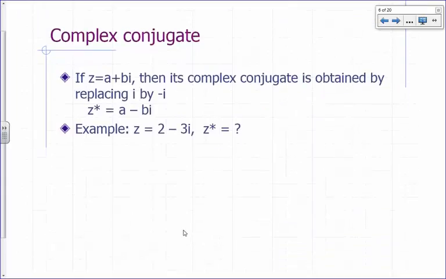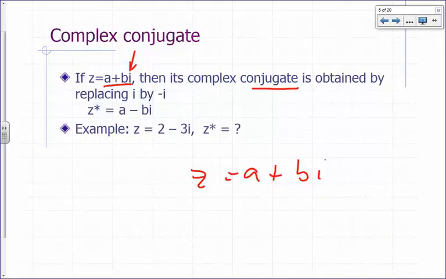Let's define the complex conjugate. If z is a complex number given by a plus bi, then its complex conjugate is obtained by replacing i by -i. I represent that by z star, and simply replace i by -i.